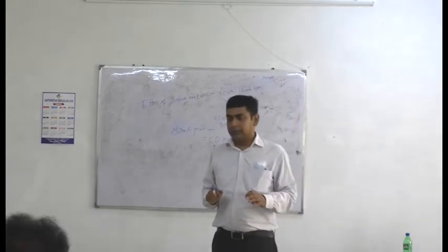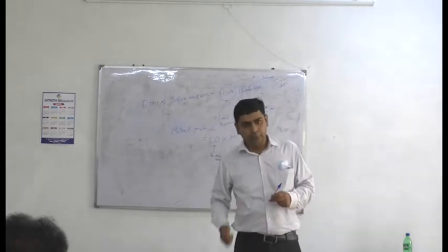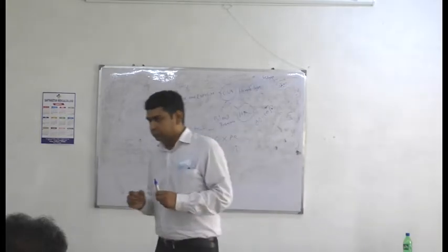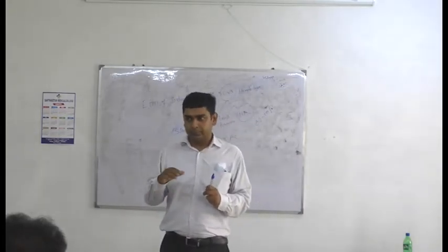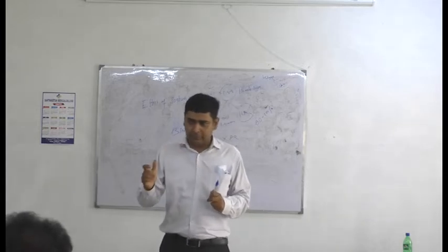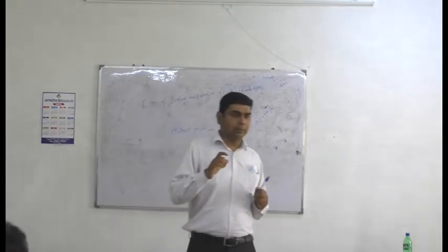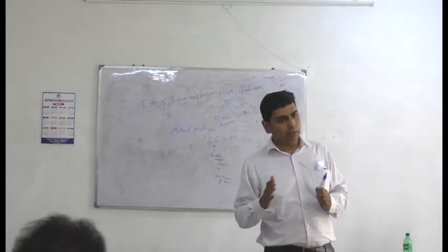But when we are standing, what happens? Blood pools in our calf muscles. So there is less blood in our heart. If there is less blood in our heart, less cardiac output occurs.